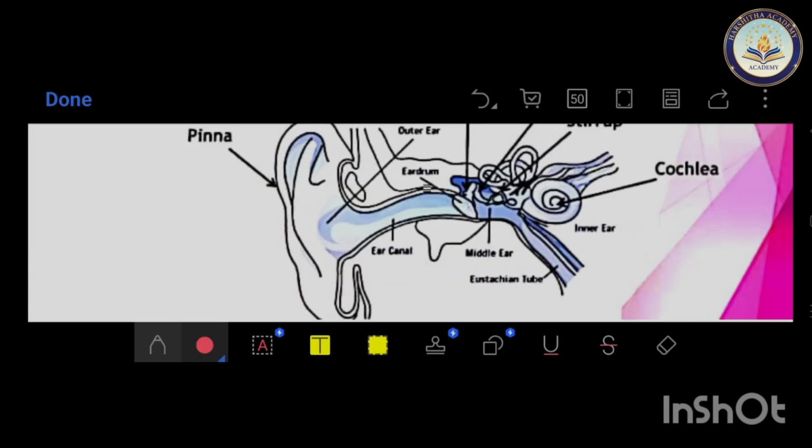Yes, let's see the structure of the human ear. This is called the pinna, and the canal-like structure is called the ear canal. The eardrum is present here, a small structure; when the eardrum is damaged, we can't hear.